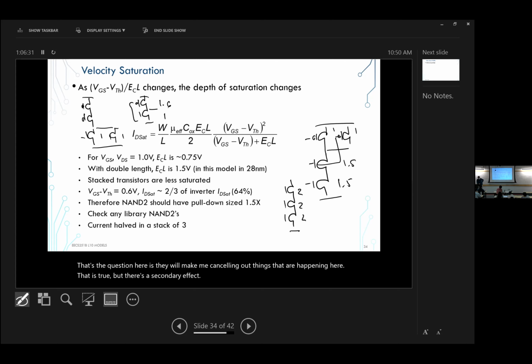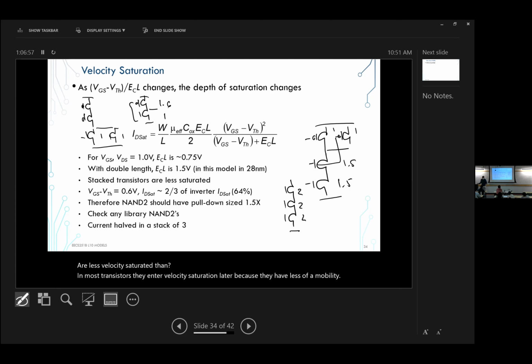Here is what is the thinking. For NMOS transistors here, the upsizing factor should be 1.5 if they're velocity saturated, and it should be 2 if they're not velocity saturated. PMOS transistors are less velocity saturated than NMOS transistors. They enter velocity saturation later because they have less mobility.